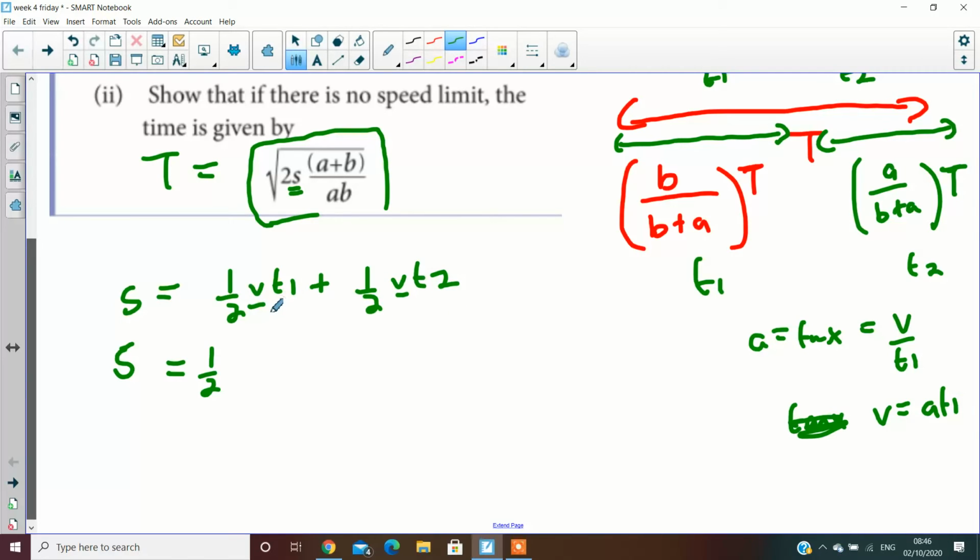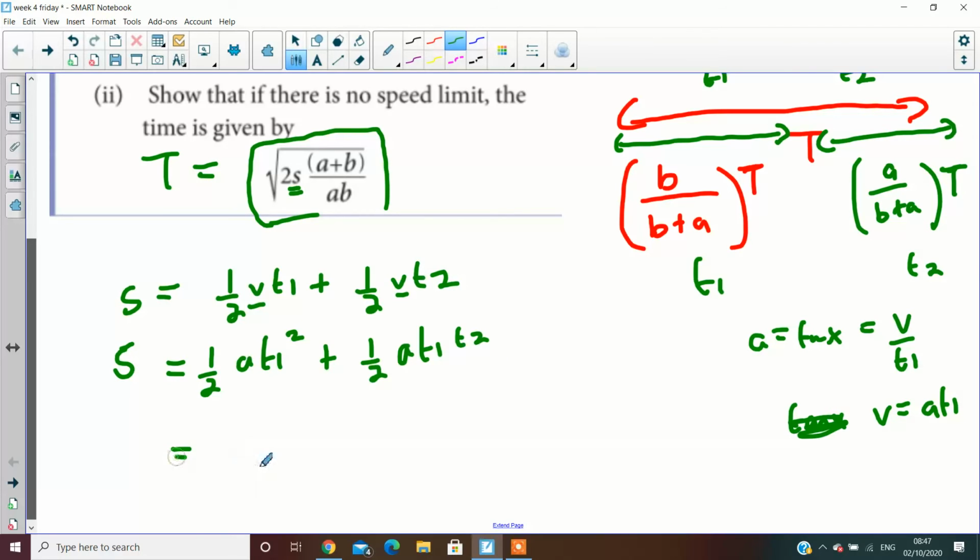So what can I change V to? So it's going to be A T1 squared. Is that okay with you guys? And this is going to be a half A T1 squared, and this is going to be a half A T1 by T2. Is that okay with you guys?